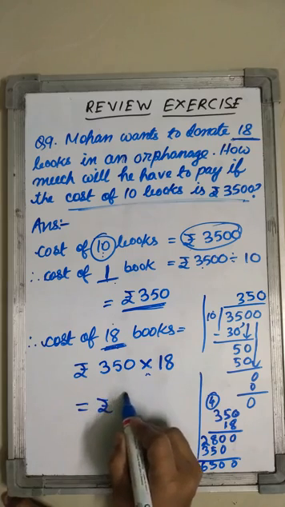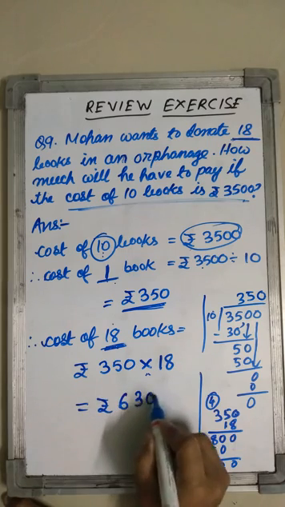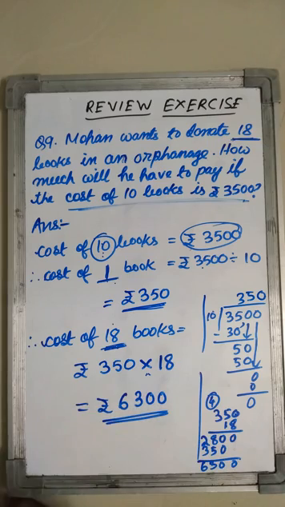The total cost of 18 books is 6,300. So if Mohan wants to donate 18 books, it will cost him rupees 6,300.